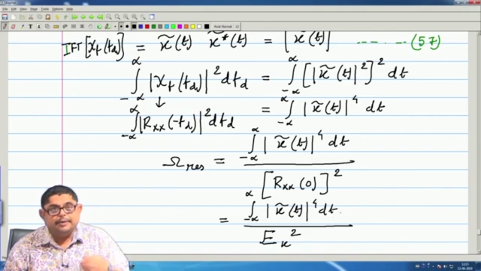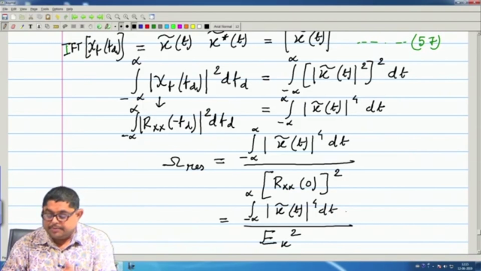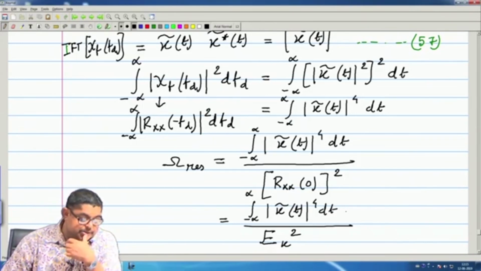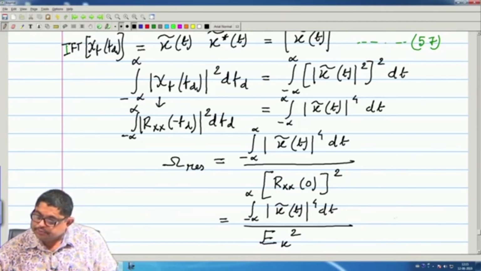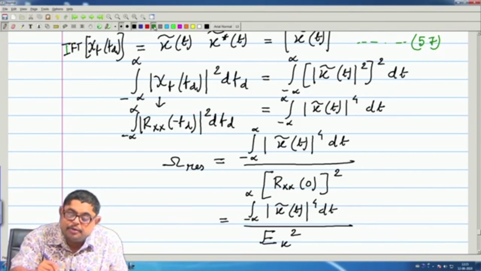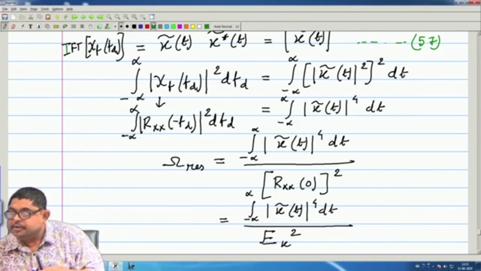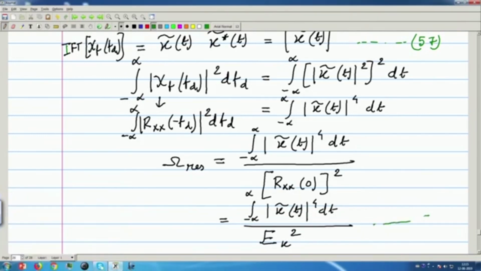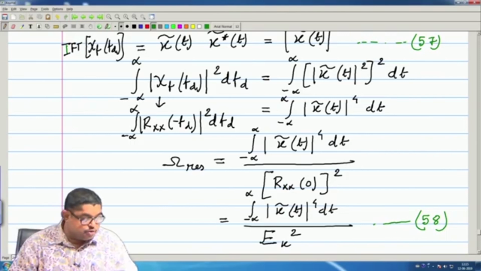So you see in both resolution constants we have the E x square, only in one case it is x f whole to the power 4, in this case it is x t whole to the power 4. So actually this I can give a number. What is this number? 57. So this will be 58, equation number 58.